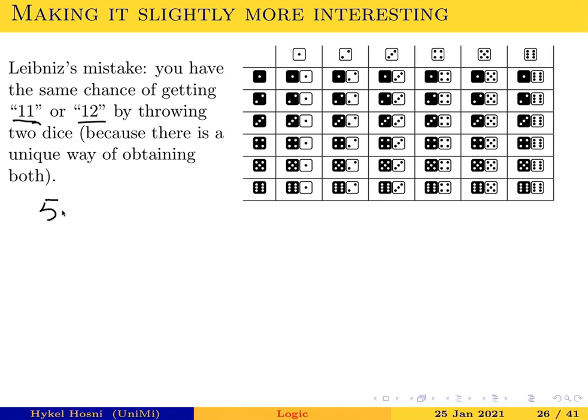So 11 is uniquely written like this, and 12 is uniquely written like that. A 5 and a 6, and 2 6s, therefore just one way of producing each, therefore the same probability.